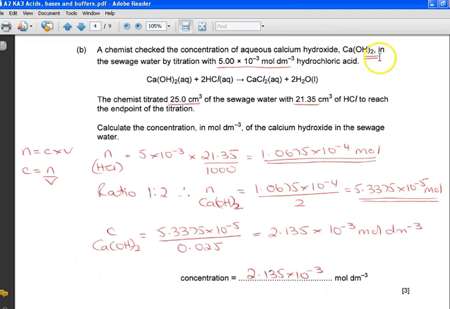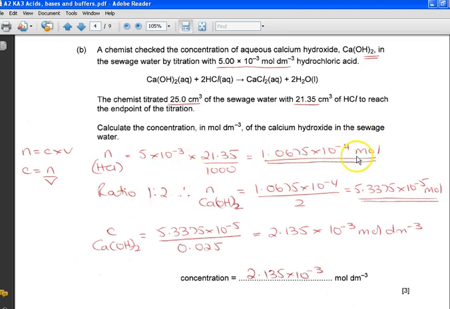So we know our concentration of hydrochloric acid and we know our volume of hydrochloric acid. We've got a volume of the water, so that's what we're going to use. The important information here is that for every 1 mole of calcium hydroxide, you've got 2 moles of OH minus. So you need to factor that into your calculation.